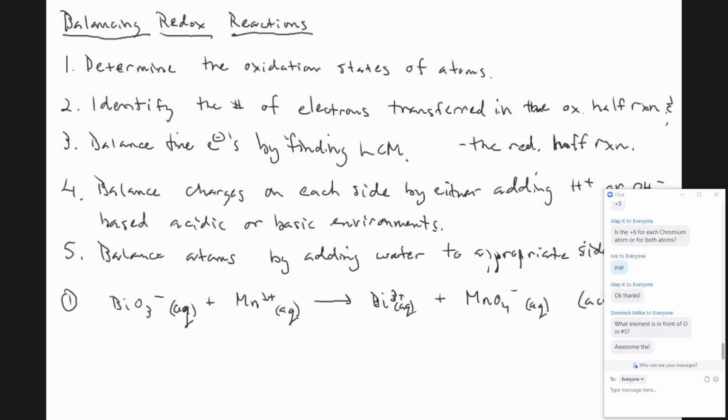But I personally like the bridge method because when you find the LCM, the least common multiple between them, you're naturally canceling out the number of electrons transferred at that point. So that's why. I'm going to go over the bridge method, and then I'll go over the half cell method, how to balance your oxidation reduction reactions.